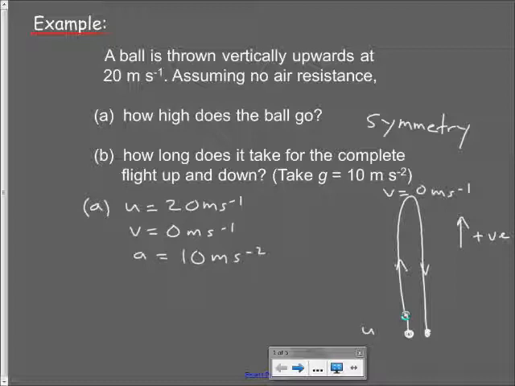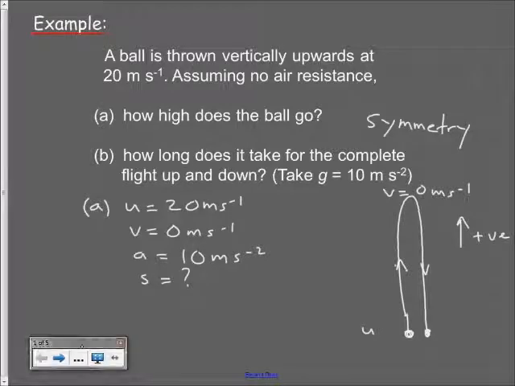And what are we trying to find, first of all? How high the ball goes. So we're trying to find S. We need to identify which of the equations we're going to work with. From the equations of motion, no mention of t, so v squared equals u squared plus 2as is going to be the equation to use.